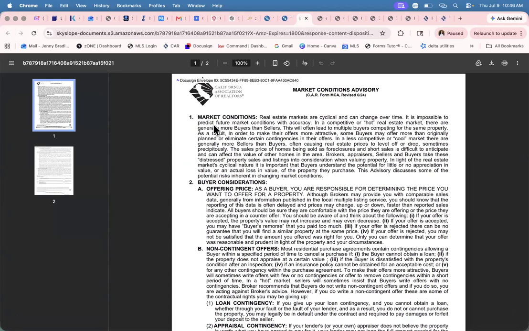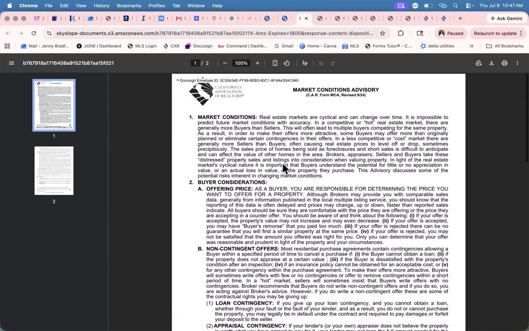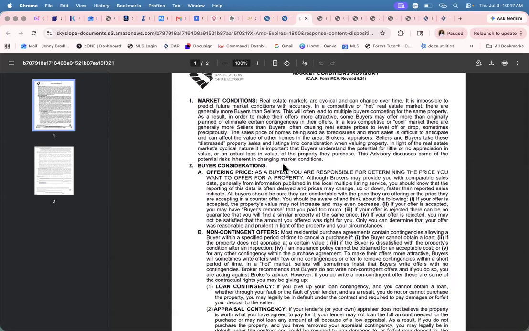It is impossible to predict future market conditions with accuracy. In a competitive or hot real estate market, there are generally more buyers than sellers. This will often lead to multiple buyers competing for the same property. So this is when I let them know that if the market's hot, you're going to have a lot of competition as a buyer.